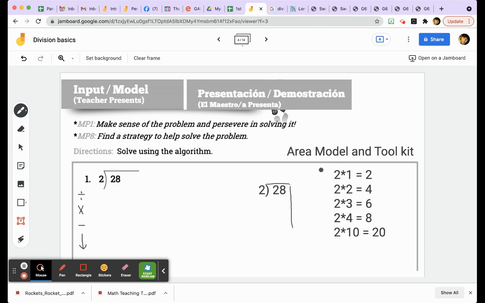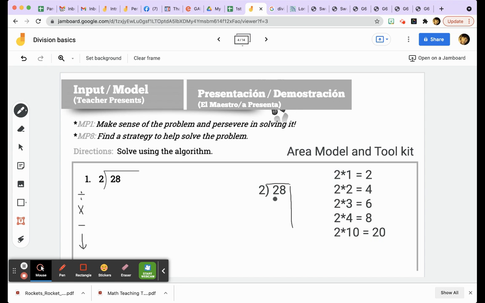So when I'm using the area model, I have my toolkit here. I'm going to look for the number closest to 28 without going over, and that would be 20.